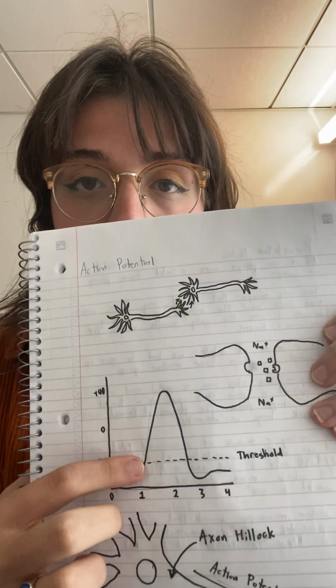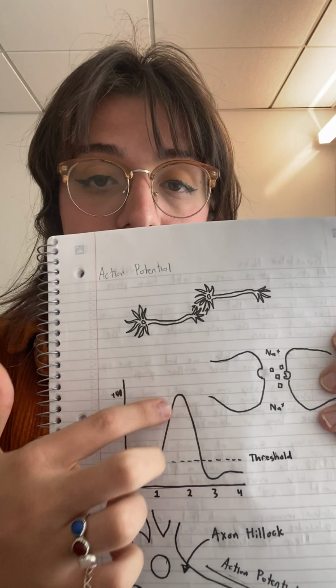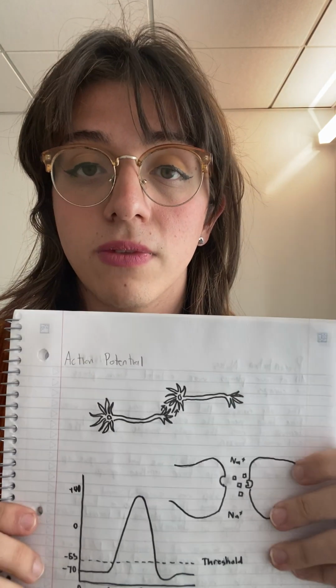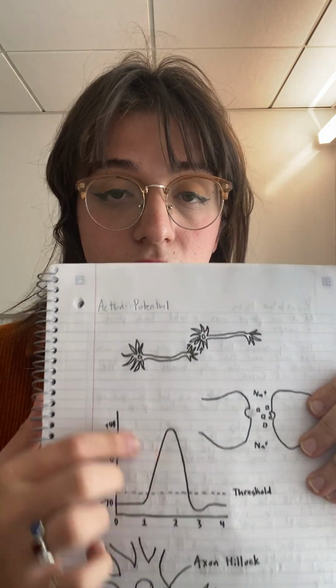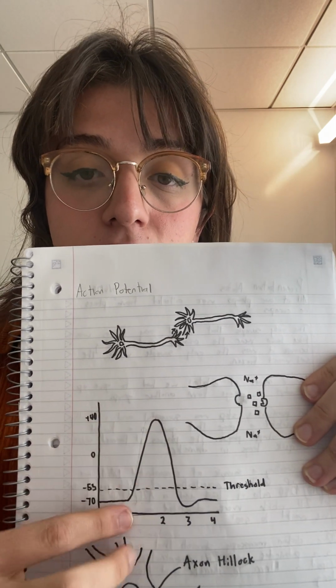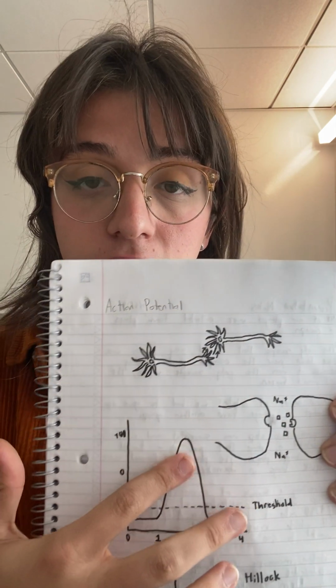And if it passes that threshold, it starts an action potential, and this action potential is caused when voltage-gated sodium channels open up in the axon, and sodium rushes into the neuron.